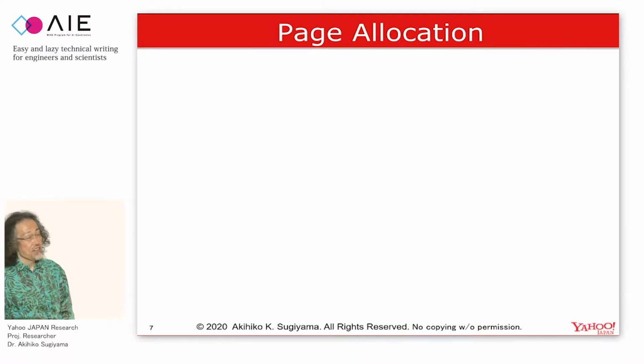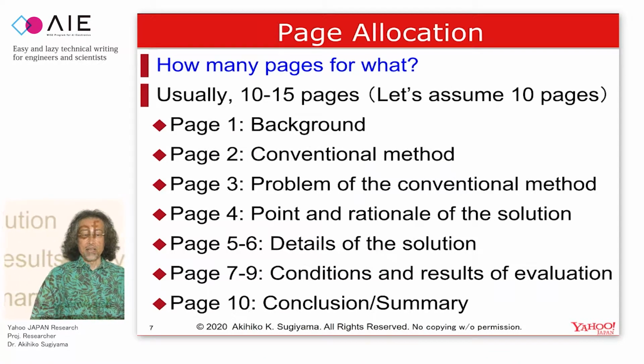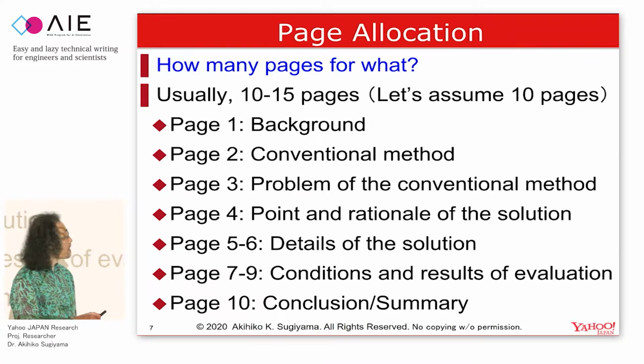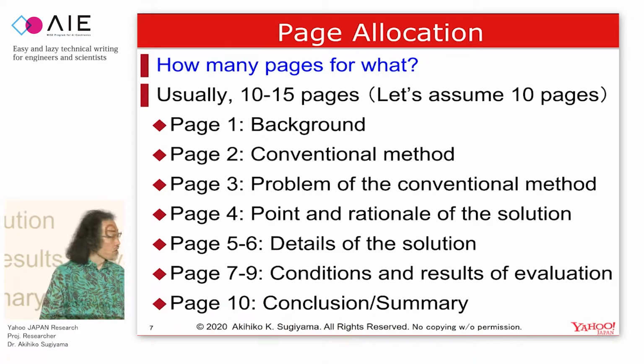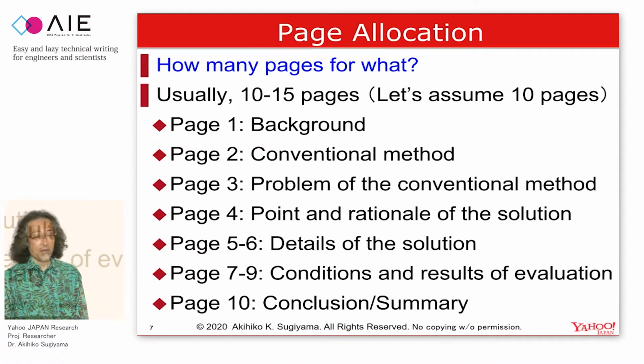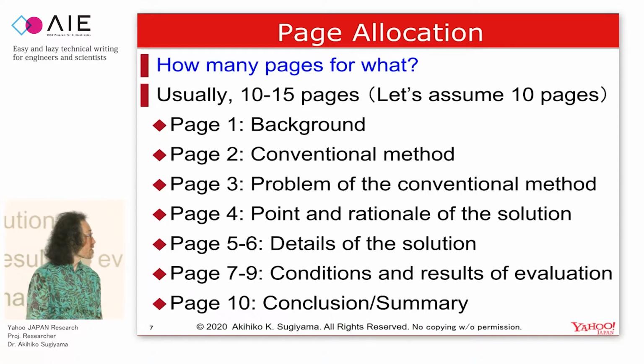Now let me talk about page allocation. How many pages for what? This is what page allocation means. Usually you will have 10 to 15 pages, assuming that you have a 10 to 15 minute presentation. So here, let's assume that you have 10 pages, and page 1 is usually used to describe the background of the research.